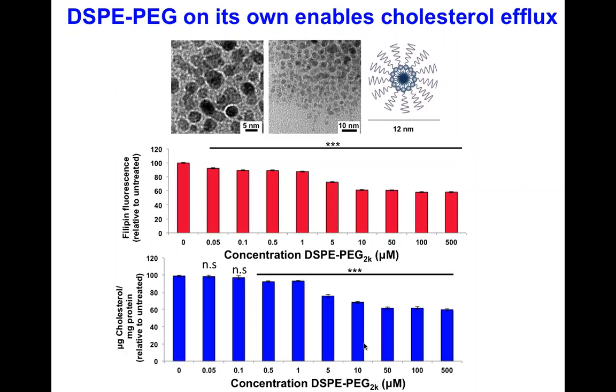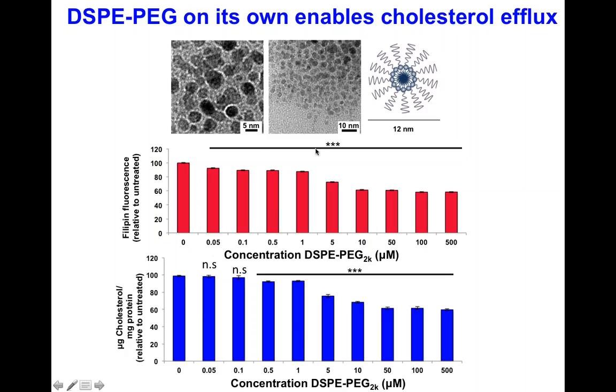So we thought of using liposomes as carriers, but we found DSPE-PEG, which has been used as an excipient and is already a part of an FDA-approved drug nanoparticle called Doxil, can clear out cholesterol on its own. It was a surprise to us.